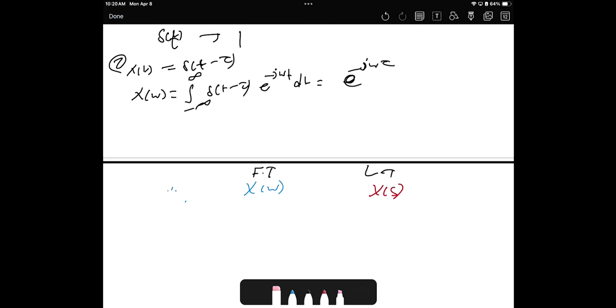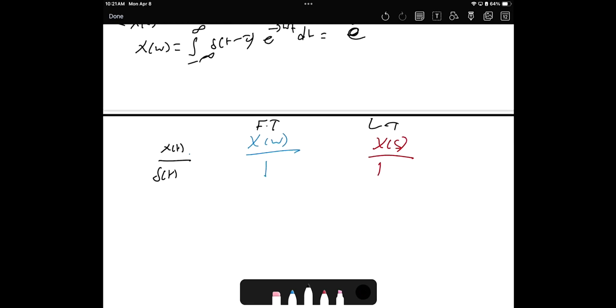When we did delta of t, we said it will be 1 in the Fourier transform. In the Fourier series, we said it will be 1 as well. In the Laplace transform, we said it will be 1. So the Laplace transform and Fourier transform are the same, because s equal to j omega, and here there is no s, so 1 and 1. No problem with that.